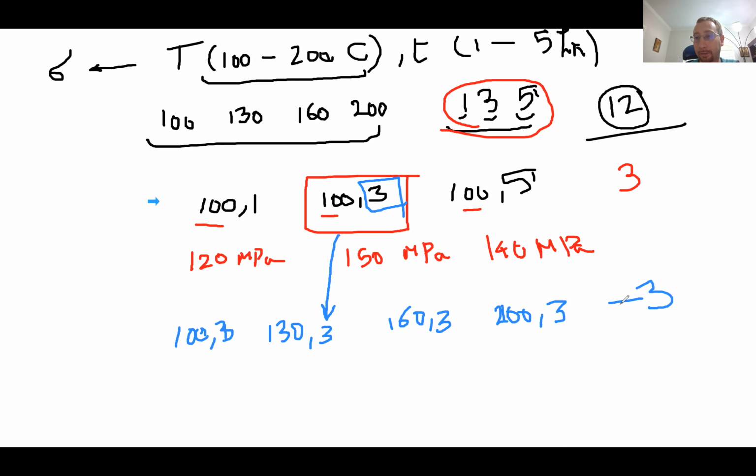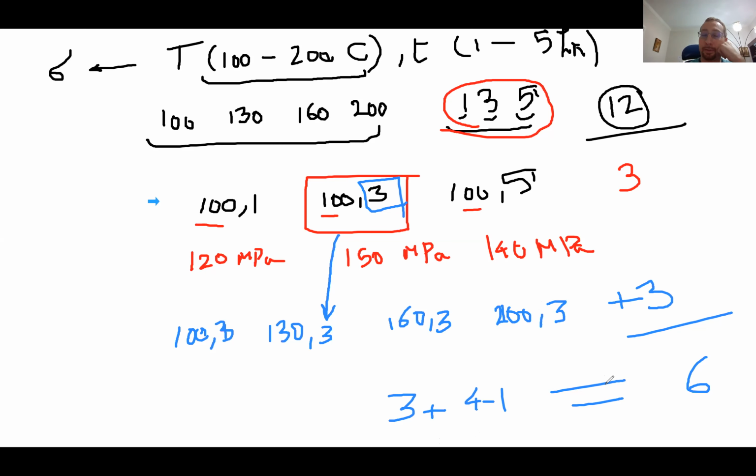So I need to add 3 more, for a total of 6 experiments. So the number of experiments will be 3 plus 4 minus 1, which is equal to 6. The equation of that is in your slides, which is exactly the same as this in parametric form.